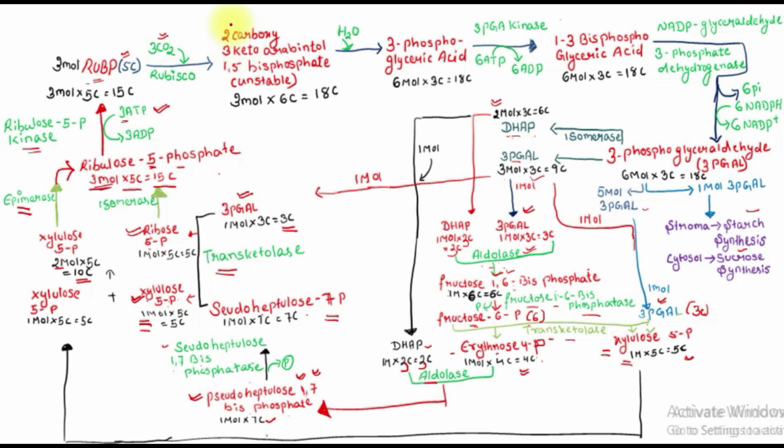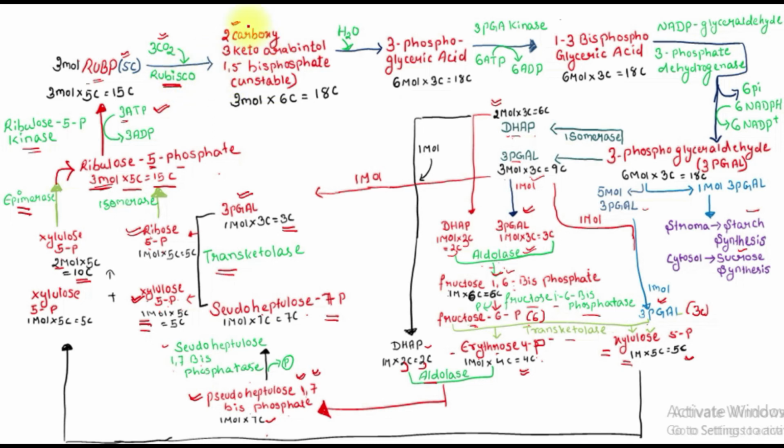Okay, so from here we got 5 carbon, from here we got 1 carbon. So we are getting here a 6 carbon containing compound which is known as 2-carboxy 3-keto arabinitol 1,5-bisphosphate, and it is an unstable compound. For this reaction to be done, we need an enzyme that is known as Rubisco. This Rubisco can work as carboxylase as well as oxygenase depending upon the concentration of carbon dioxide or oxygen.